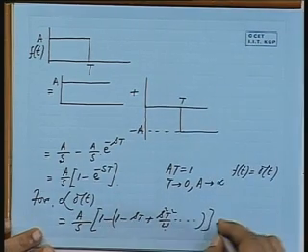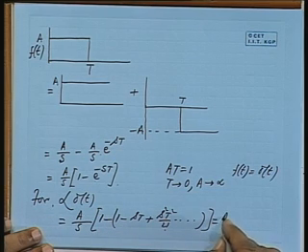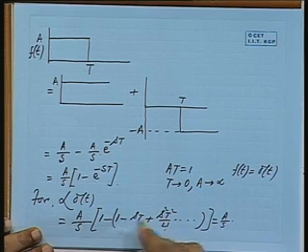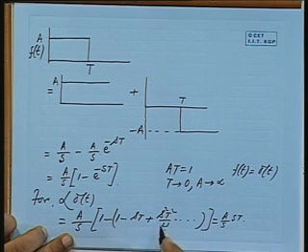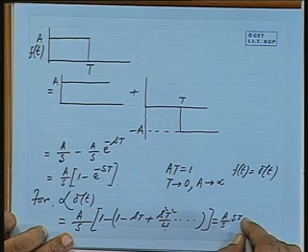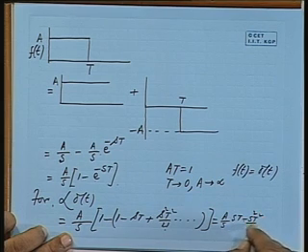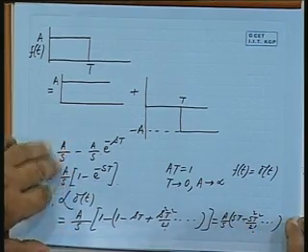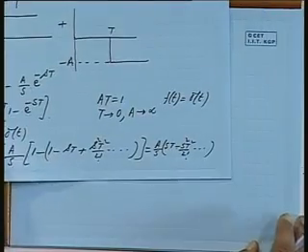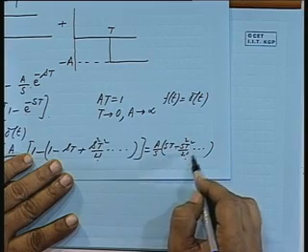Let me simplify here itself. 1 will go, a by s into s t, then s t squared and so on. So, a by s into s t minus s squared t squared by factorial 2 and so on.